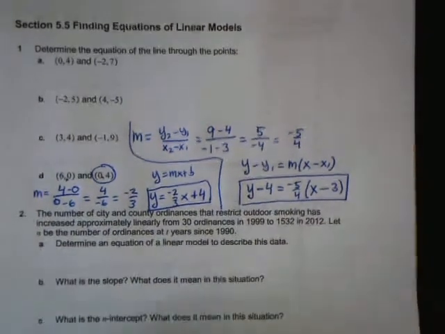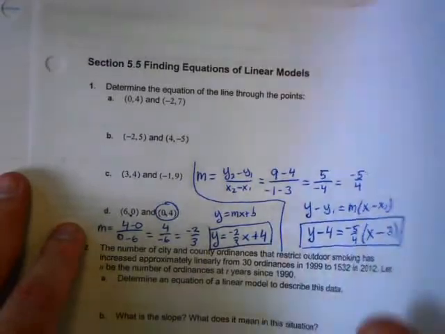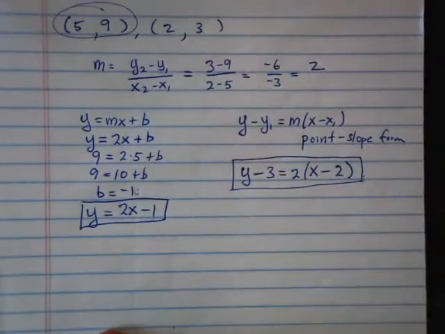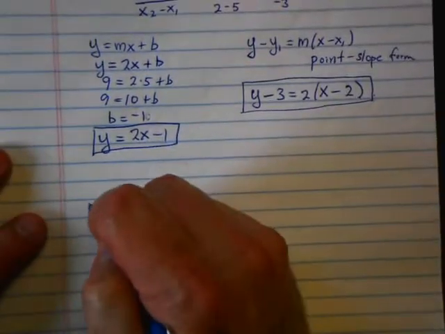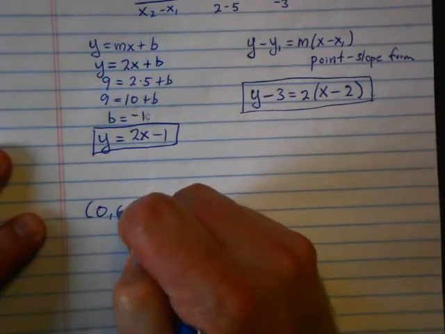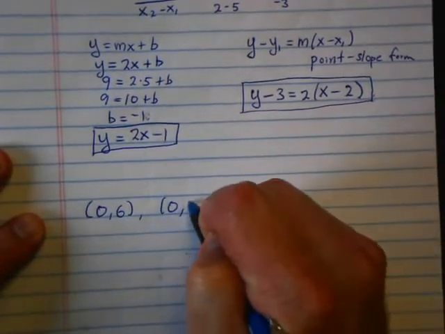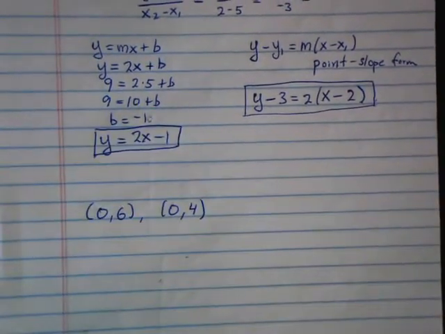All right, now to answer his very good question. What if the x number was 0 twice? What if I gave you the 2 points 0, 6 and 0, 4? What would you do? Well, it happens to be a vertical line.